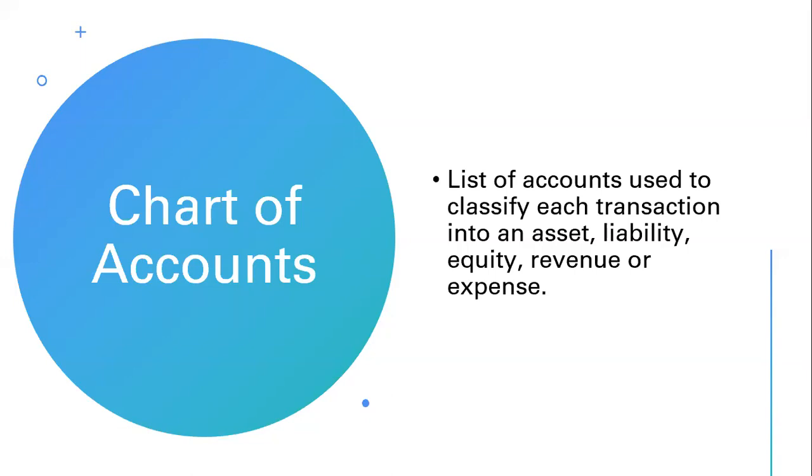The chart of accounts is simply a list of accounts used to classify each transaction as either an asset, a liability, equity, revenue, or expense. The accounting software will always use the chart of accounts to present the accounting information of the business, which is the P&L, the balance sheet, and the cash flow statement.